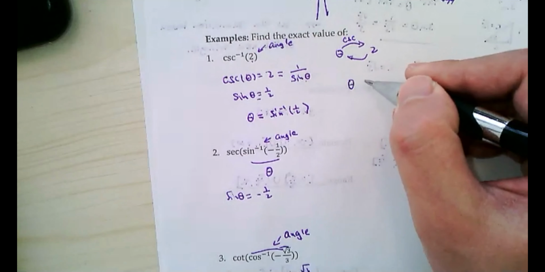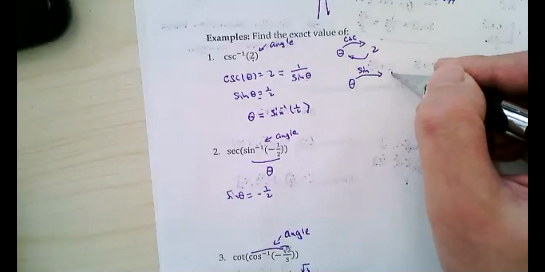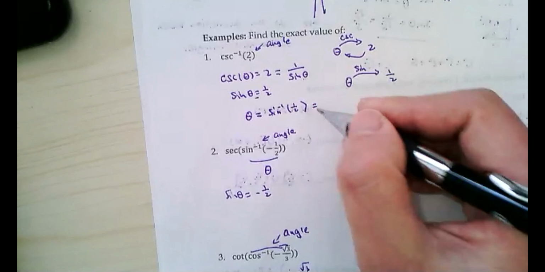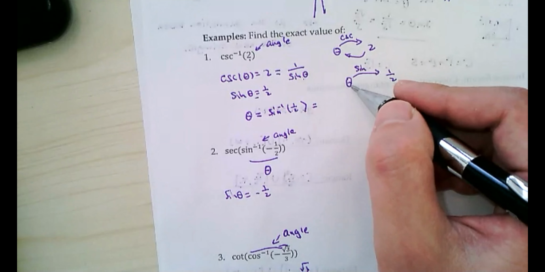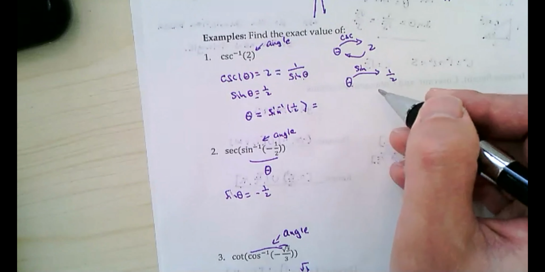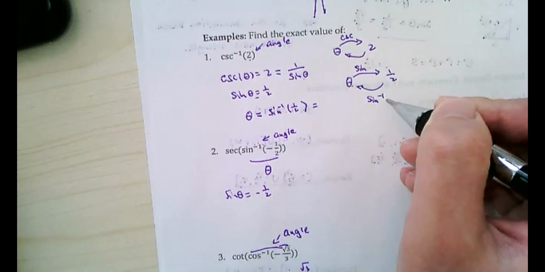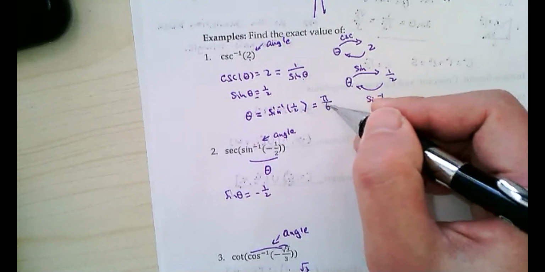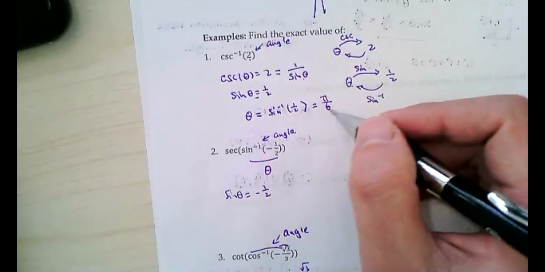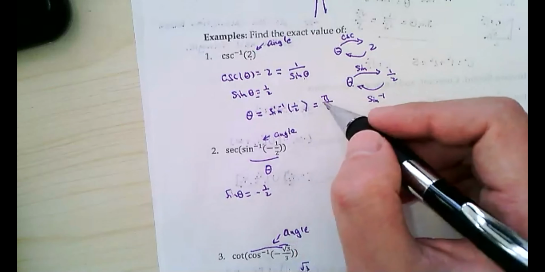Let me draw another graph. So theta, this angle after sine, is mapped to 1/2. Can anyone tell me what kind of angle this is? Sine of this angle could give you 1/2. Would it be pi over 6? Very good. It's just pi over 6. Okay, we encountered this value many times in this class already. That's it for this question.